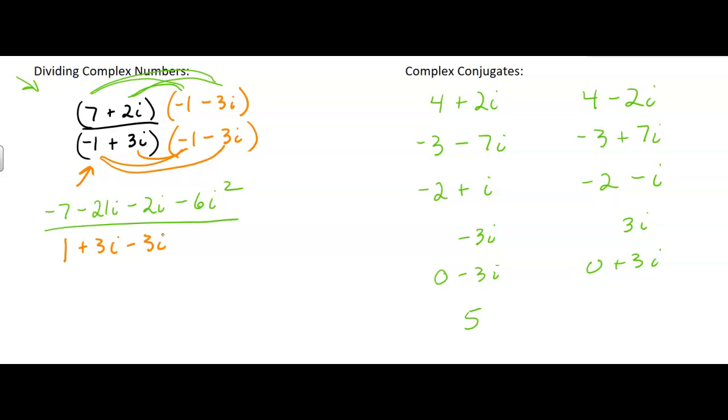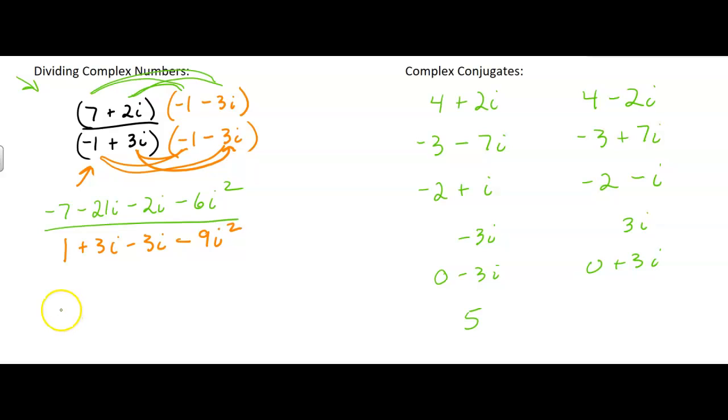Okay, now you have to be careful on this last part. On this last part, you have 3i times negative 3i. That's going to be negative 9i squared. Okay, now we're going to have to simplify.